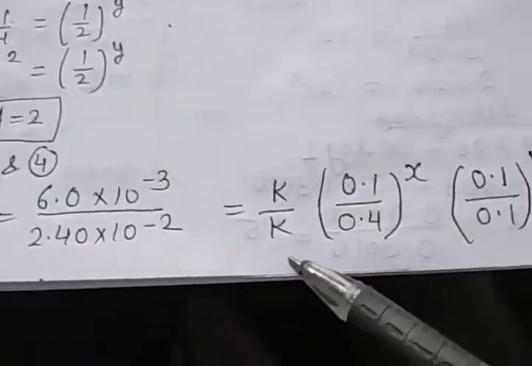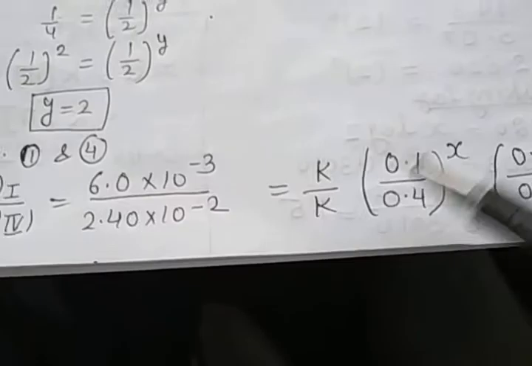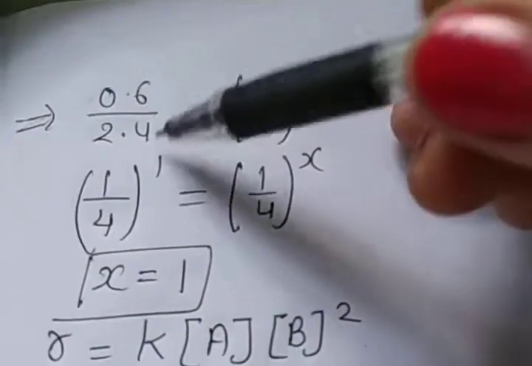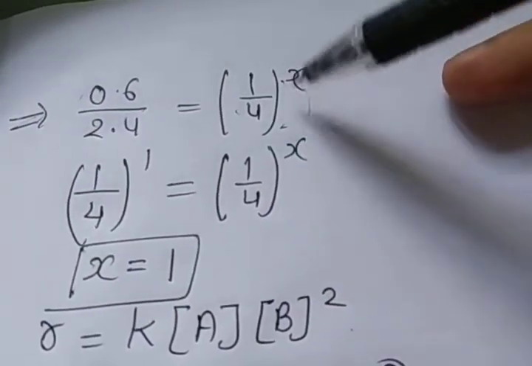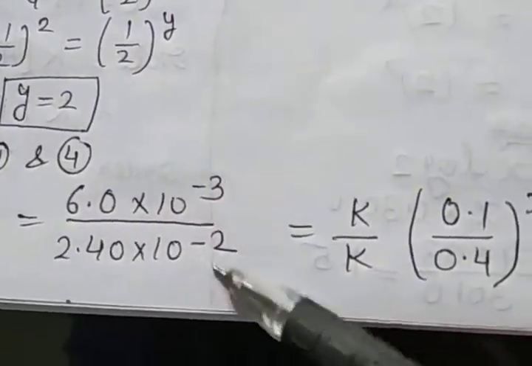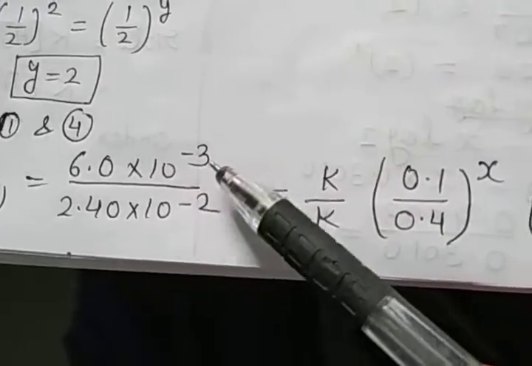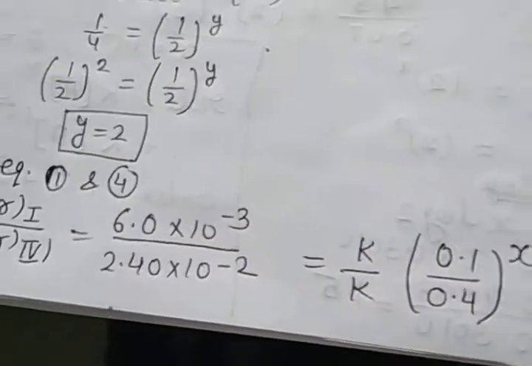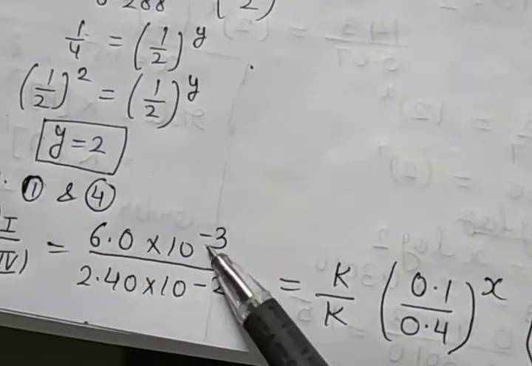So k divided by k, the A value, and the B value and B value cancel. Then calculate: 0.6 divided by 2.4 is equal to (1/4)^x, because this value is common, 10^-3, and here we take the decimal point left-hand side, so 10^-2 cancels together. Then this cancels, this cancels, and 0.1 divided by 0.4 is 1/4.